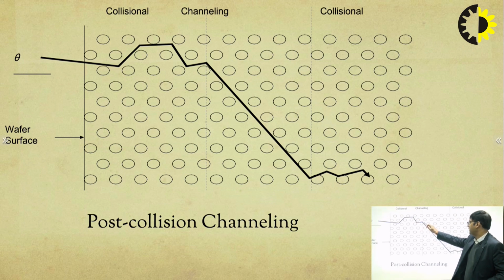But when it enters this second region, it has taken an angle in which it is not encountering any other silicon atom in its path. So it has traveled a long path. And then in the third section, it has encountered a silicon atom, and finally after collision it stops.